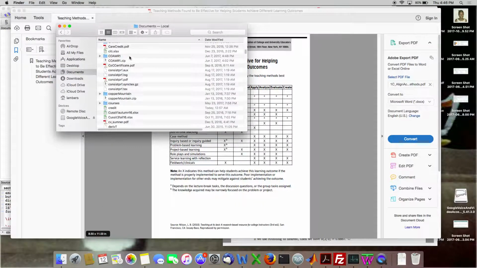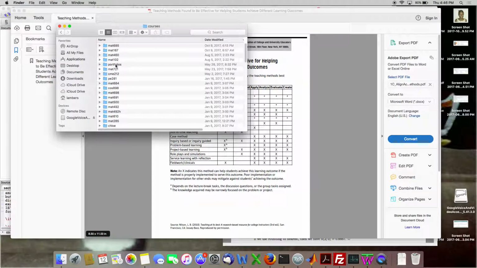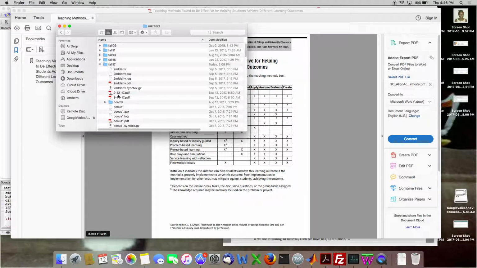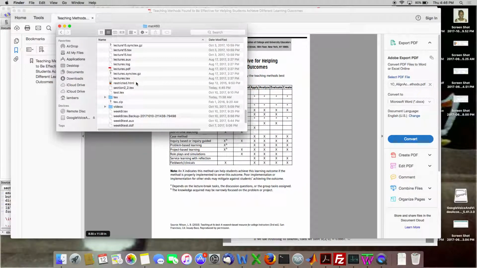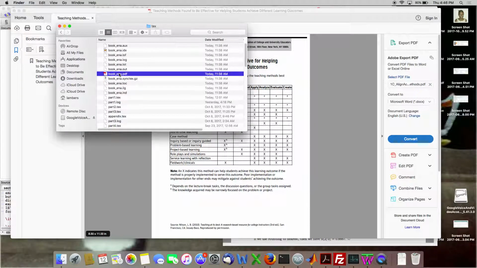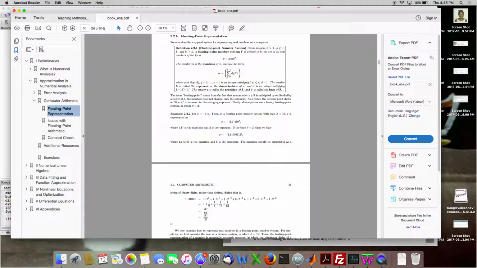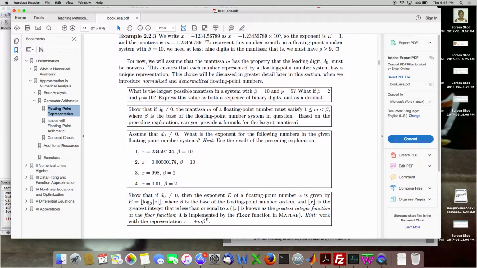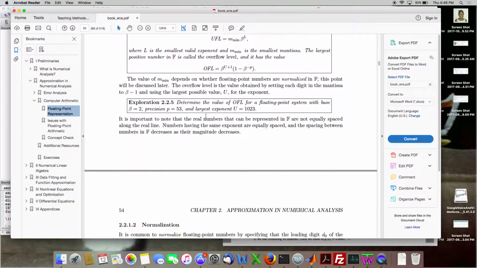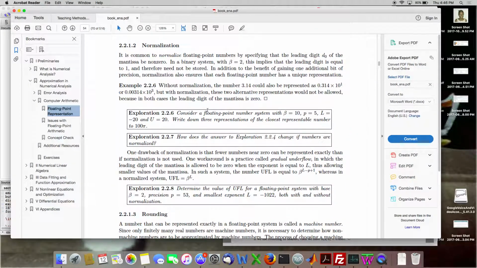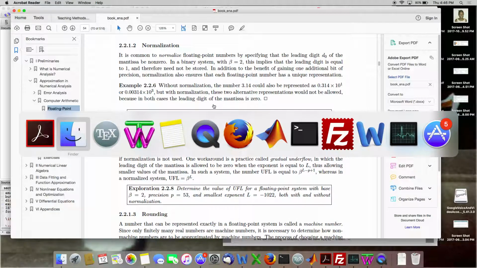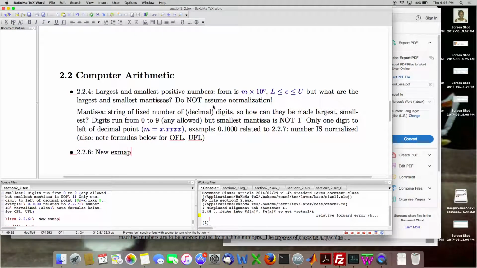Okay, that was updated today. Oh, it isn't here. So I'll be getting real quick about this problem, number 6. New example added right above.